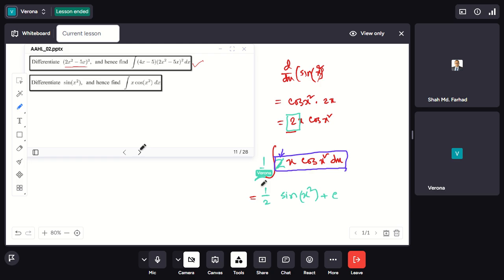So if you cancel 2, then that is not correct. So you have to write these 2, and then you also have to keep this 1 over 2. Yeah, then integrate. Then the integral of this term is this.